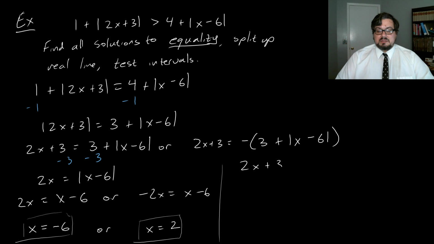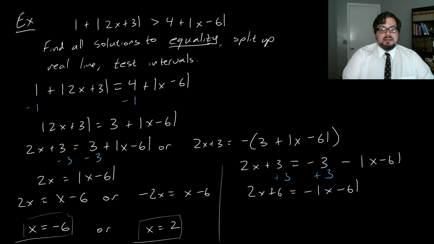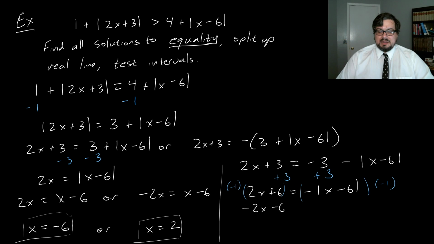And then we can take 2x plus 3 equals negative 3 minus the absolute value of x minus 6. Add 3, get 2x plus 6 is equal to negative absolute value of x minus 6. And then multiply both sides by negative 1 to get negative 2x minus 6 equals the absolute value of x minus 6.